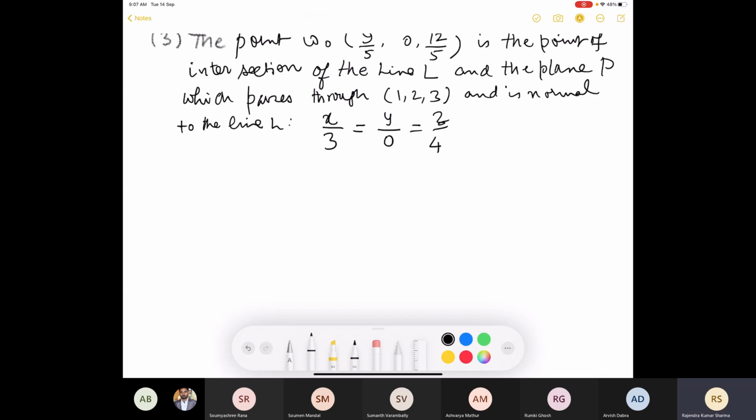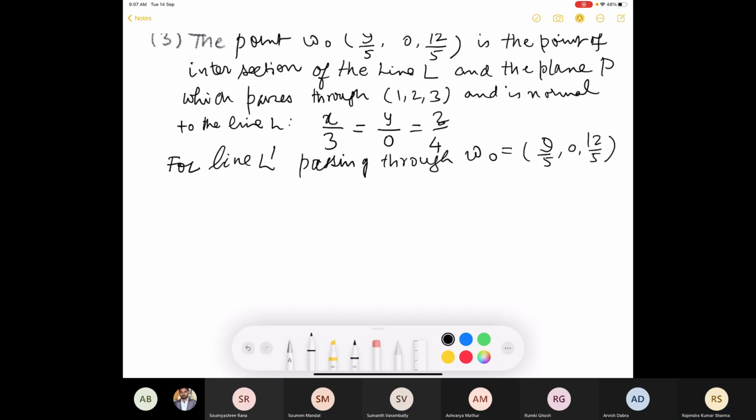So if you want to write the line, let us say L dash, passing through W naught, which is 9 by 5, 0, 12 by 5, and V, which is 1, 2, 3.